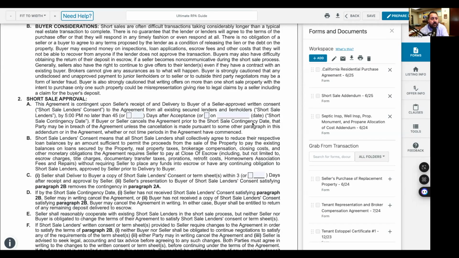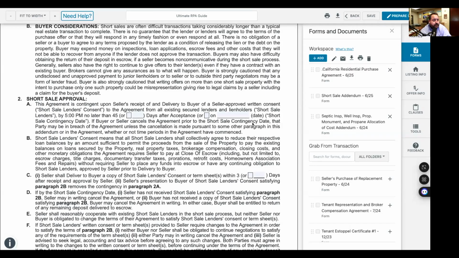That's the default. So by default, they have 45 days to negotiate the short sale and get the approval. If on day 45 the seller hasn't received the approval, the seller could cancel the escrow. If on day 45 the seller hasn't received this and delivered it to the buyer, the buyer can send cancellation instructions.